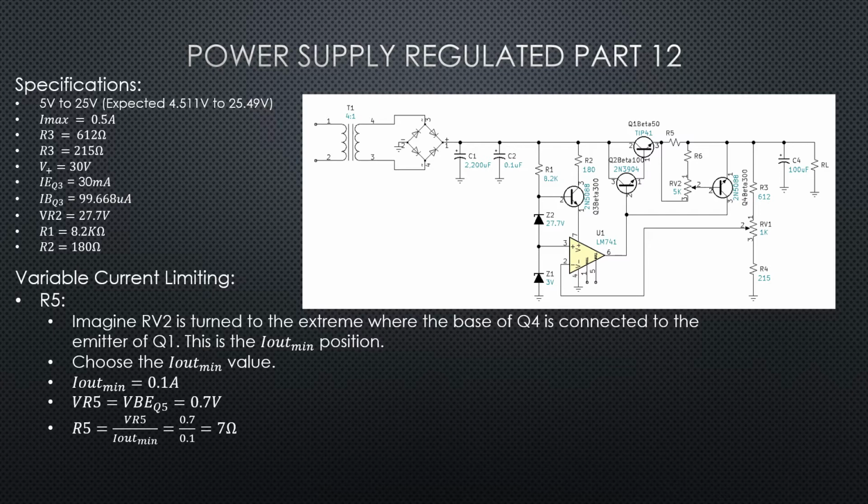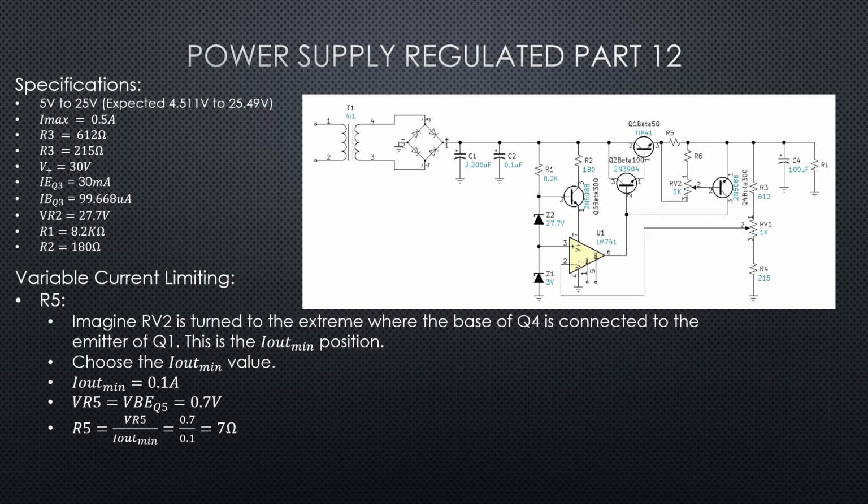And that's how the current limiting is done. So if we know that VR5 is equal to VBE of Q4, then that would be equal to 0.7 volts.